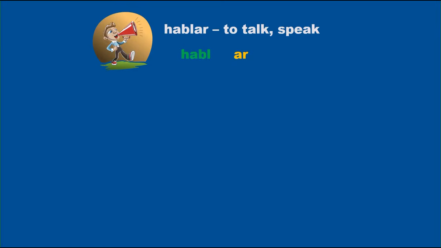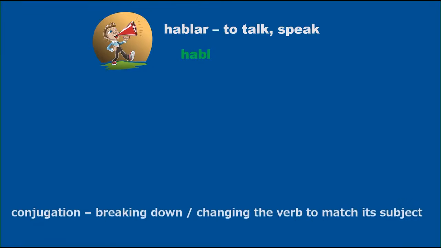Now let's get to conjugation. When conjugating an infinitive, you must remove the AR ending altogether. Let's look at what conjugation is. Conjugation is breaking down or changing the verb to match its subject.